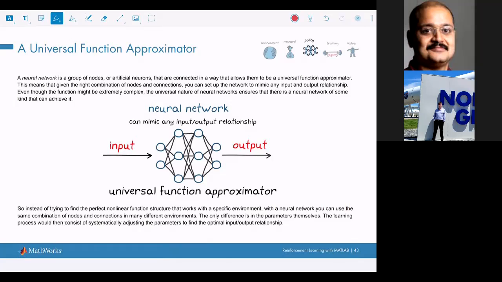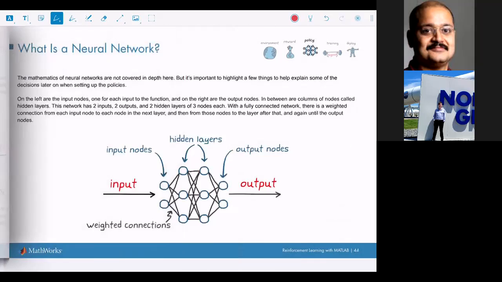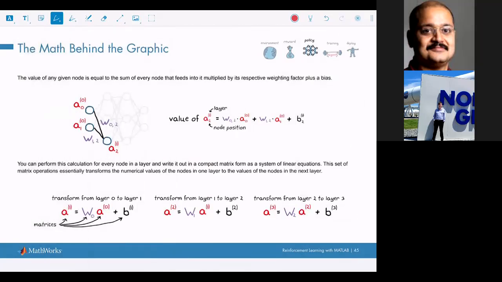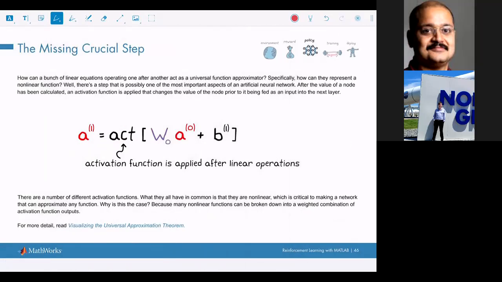Here is the basic concept behind neural network. Neural network is piecewise linear function operated by a nonlinear function. I just want to tell you this because this is something we already did, but I want everyone to get to this.